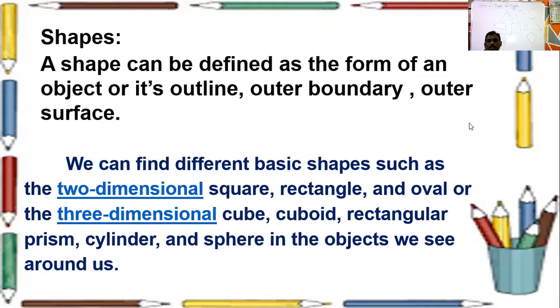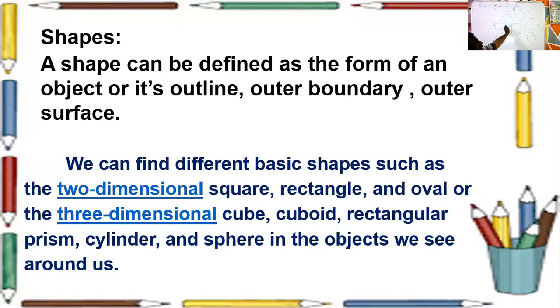Shape can be defined as the form of any object or outline or boundary or outer surface. Say triangle is the boundary of a field. Circle is a boundary. Square, rectangle. So shape means it is an outline or boundary. We can find different basic shapes such as two-dimensional.